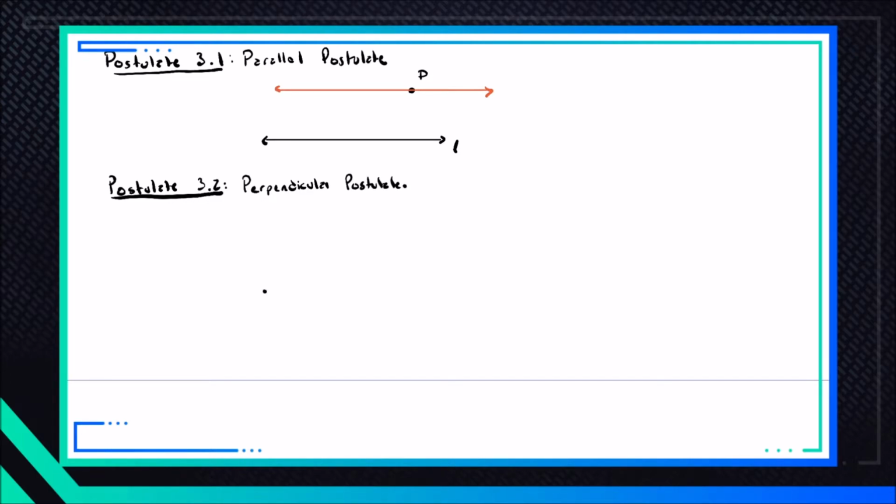If we take that same line L, it's a little bold, and we put the same point P here, this states that there's only going to be one line, and exactly one line, that can go through point P that would be perpendicular to L. I guess I missed the mark there. Gotta come over a little bit. There we go. And that can extend downward, and we will have our right angle there.